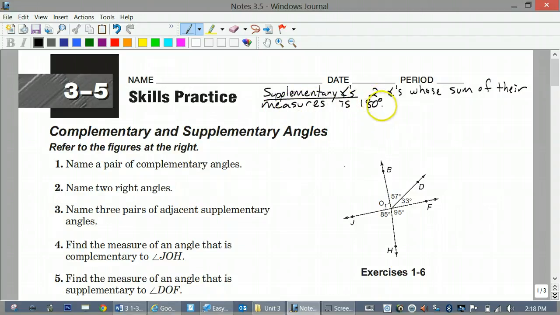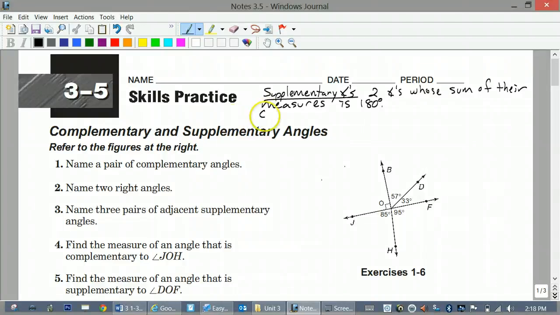That's supplementary. So every time you read the word supplementary, you need to think in your head that two angles add to 180. Okay? You read the word supplementary, you think two angles add to 180.